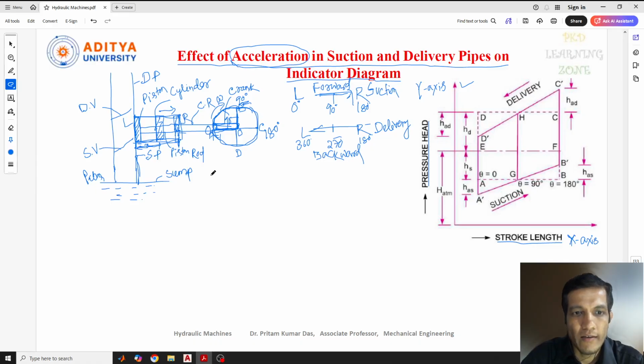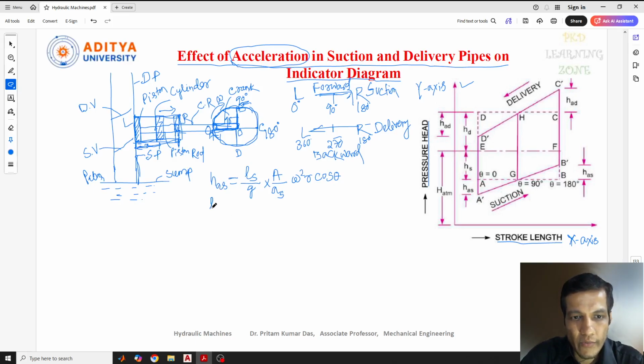The equation for the pressure head due to acceleration in the suction pipe, HAS, is LS, the length of the suction pipe, divided by g, times the area of the cylinder over the area of the suction pipe, times omega squared R cos theta.